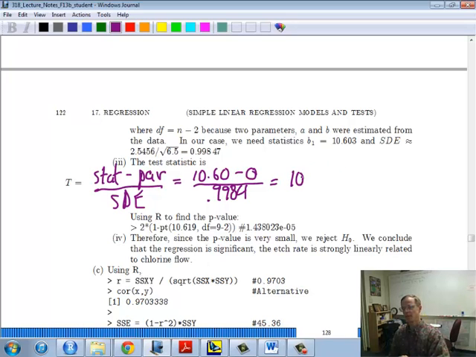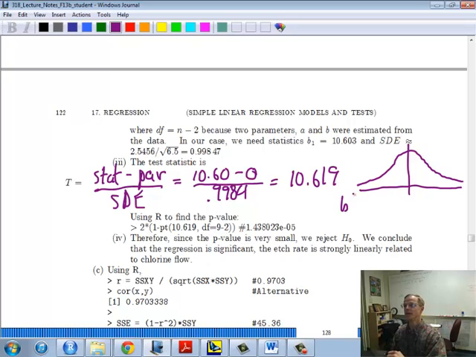So that gets me a 10.619 t-statistic. Now, immediately when we consider the curve, we know it's a reject. Checking it out, assuming a 0, we're way out here at, what's my b? 10.60.